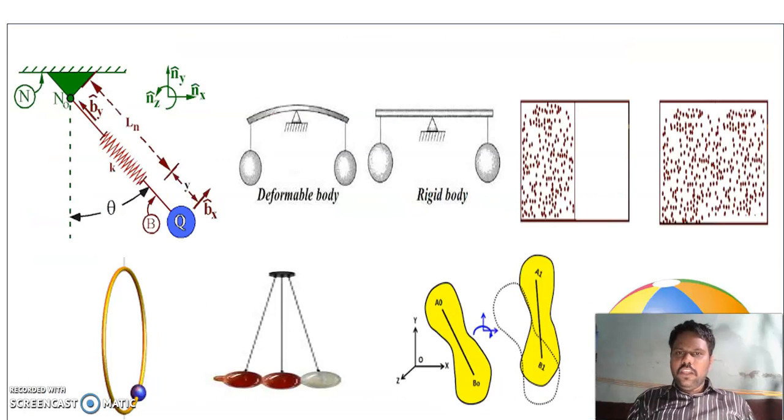In this slide, we observe a pendulum with a variable length is an example of rheonomic constraint. A deformable body, a bead on a rotating wire, gas expansion, they are all the examples of rheonomic constraint.